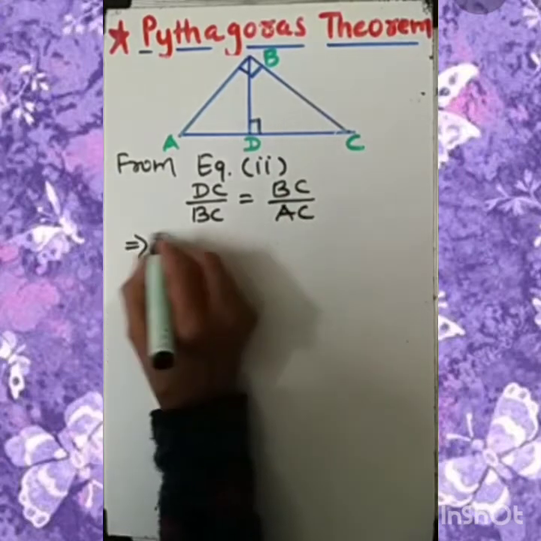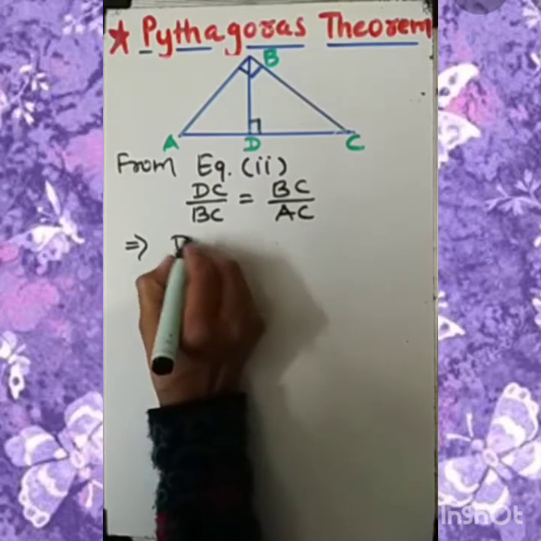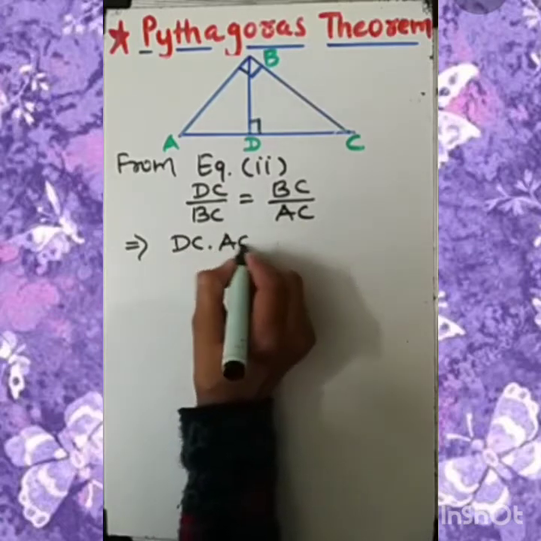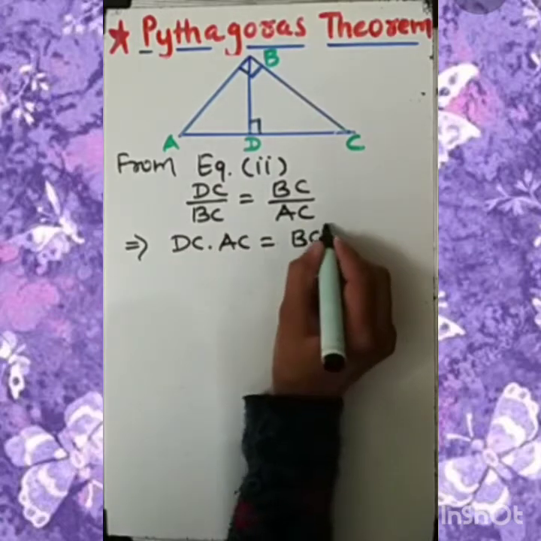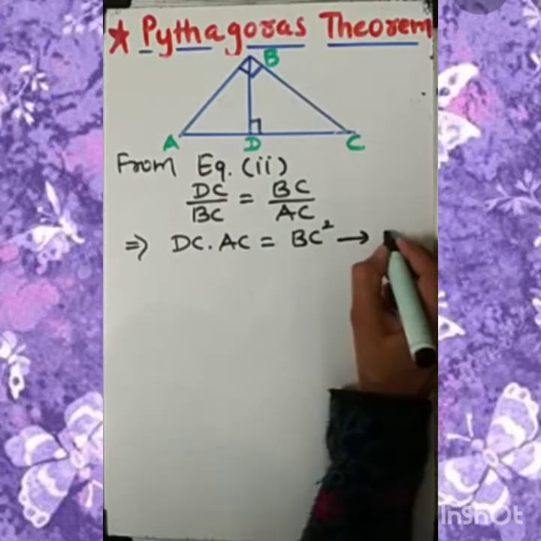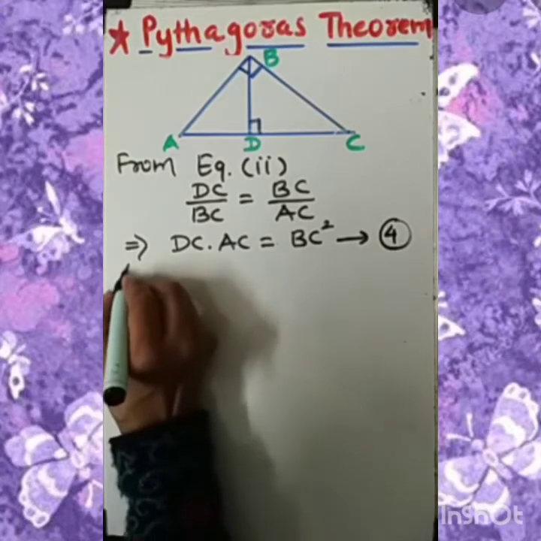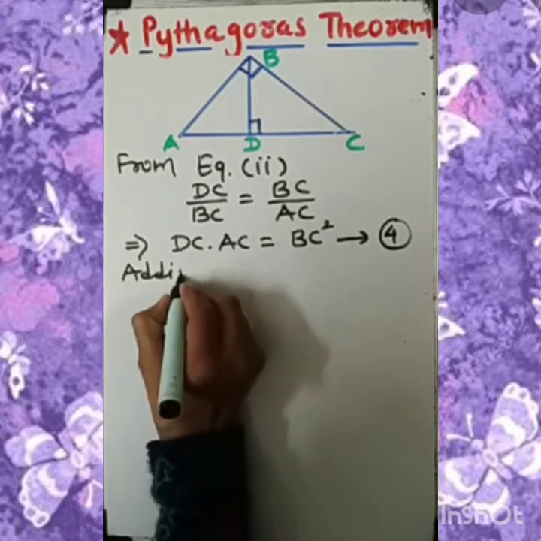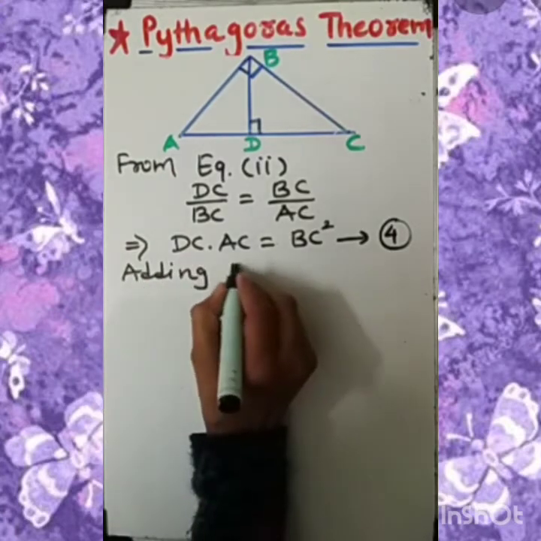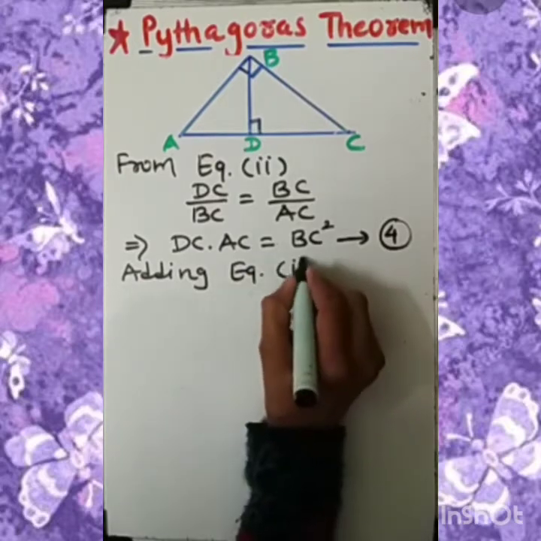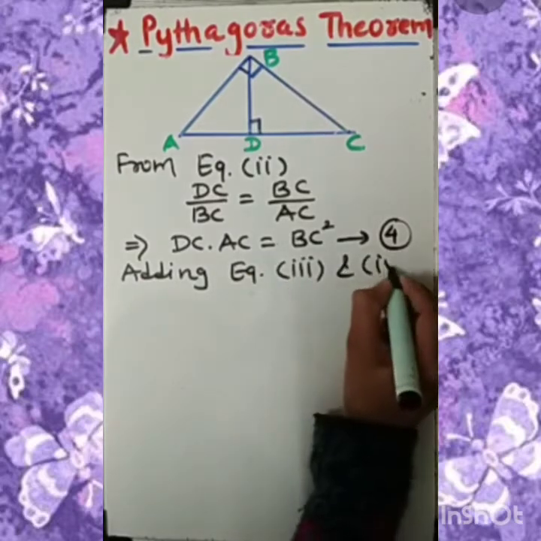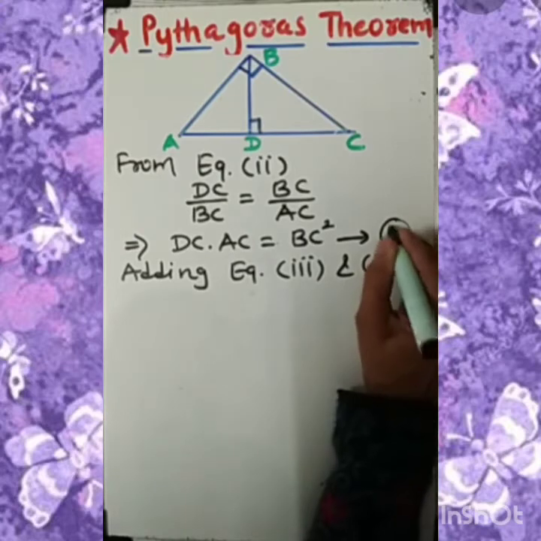So cross multiplication, DC into AC will be equal to BC square. Let's say this is result number 4. Now we are adding equation 3 and equation 4.